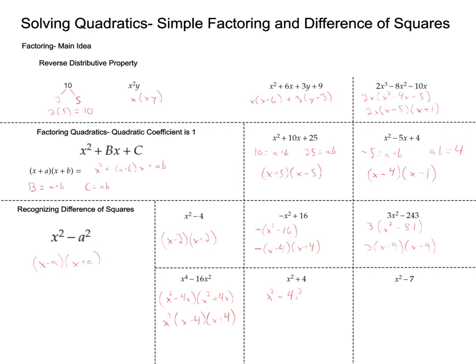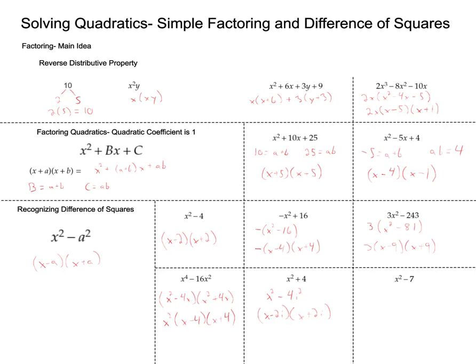And then you'll notice that x squared minus 4i squared is a difference of squares. And of course, if you remember from our video on imaginary numbers, i squared does equal negative 1. Negative 1 times negative 4 is, of course, positive 4. So this one's a little tricky, but if you wanted to factor x squared minus 4i squared, you would get x minus 2i times x plus 2i.